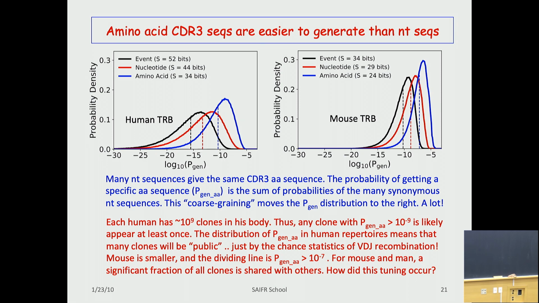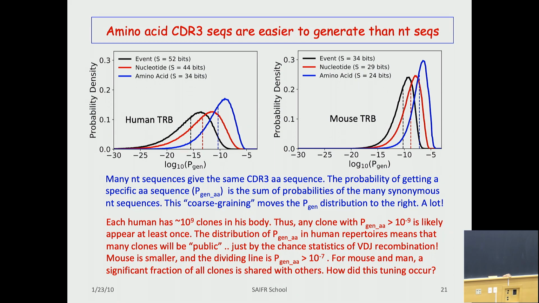And this is just to say the same thing happens for mouse. The distribution of generation probabilities is initially much further to the right for mouse, for reasons, well, I'm not sure exactly why functionally that is the case, but it just is the case.